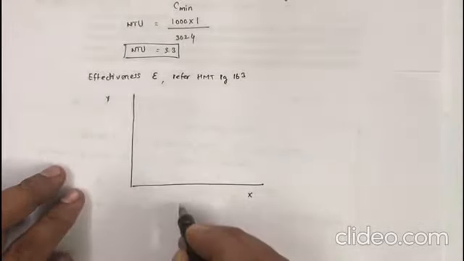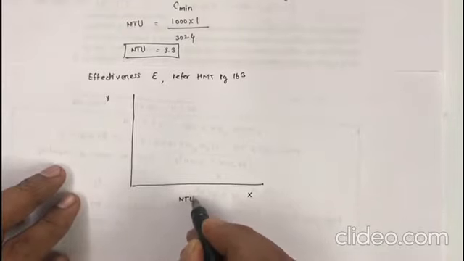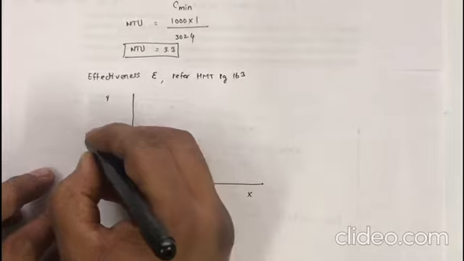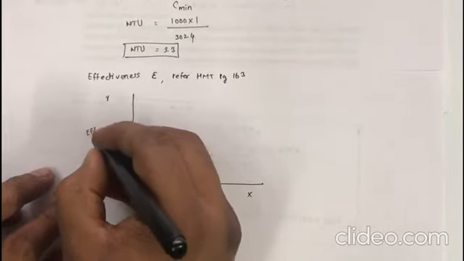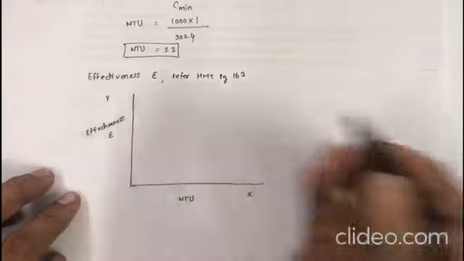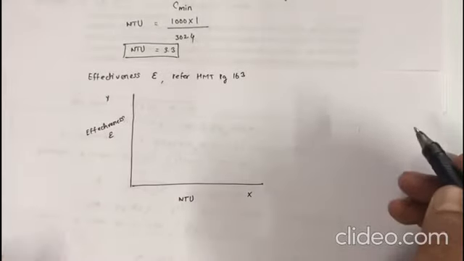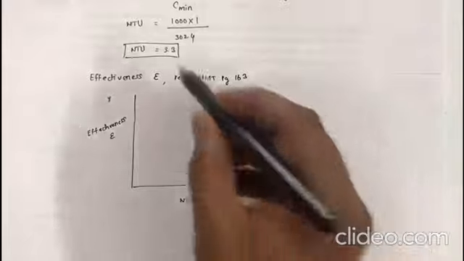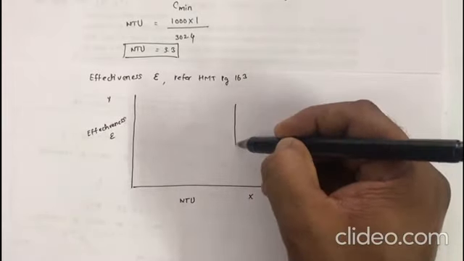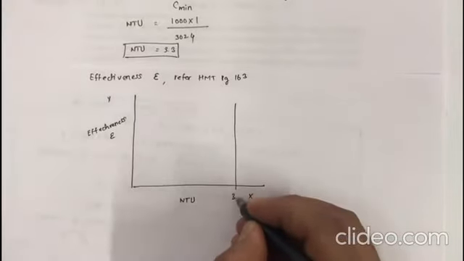In the x-axis you will be having NTU, and in the y-axis you will be having the effectiveness epsilon. Alright, so now you have the NTU value, which is 3.3. So just draw a straight line at 3.3.